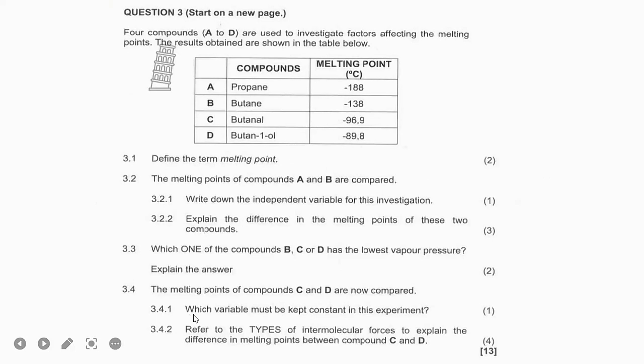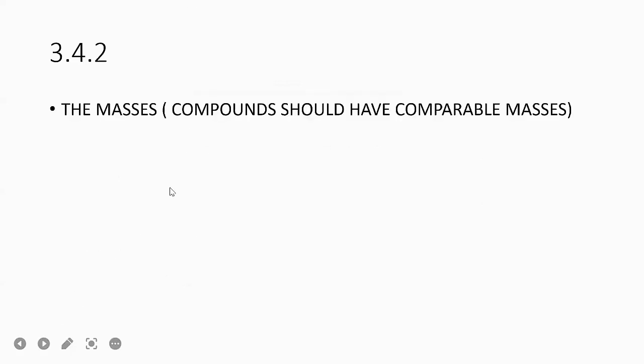Now 3.4.1 says which variable must be kept constant in this experiment. Now if we are comparing molecules or compounds that are not in the same homologous series, we should at least try to have comparable masses. So it's the masses that should be kept constant in order to make this a fair investigation. So the compounds should have comparable masses. Right.